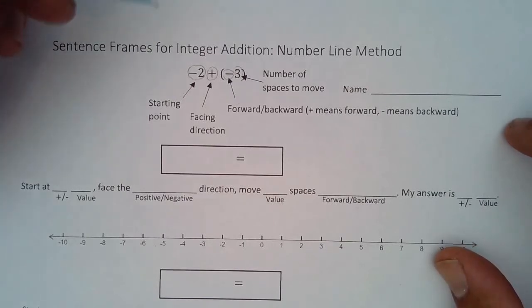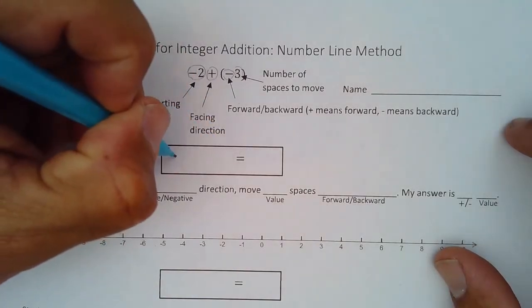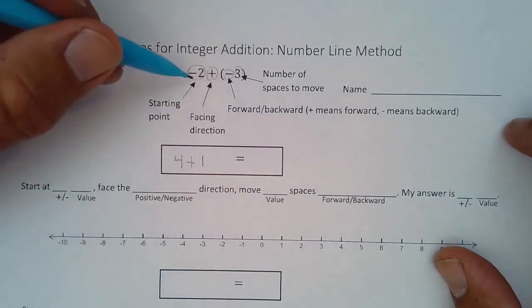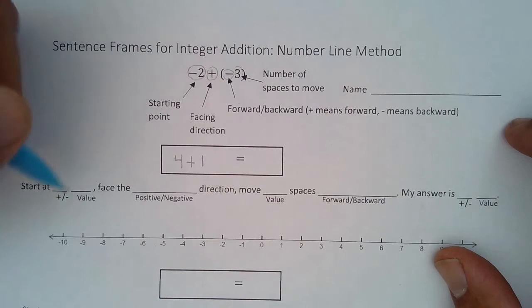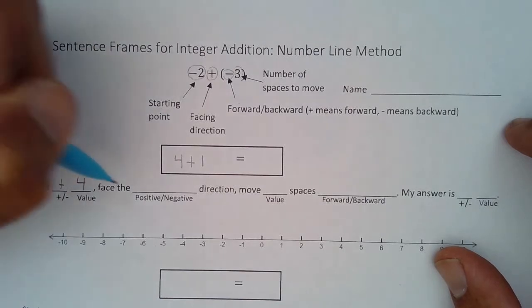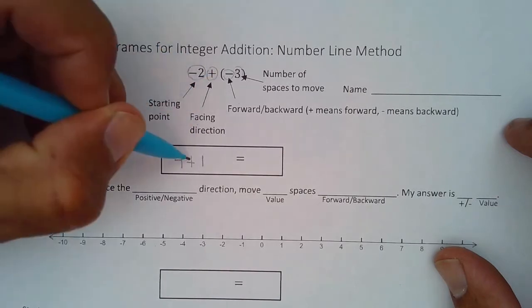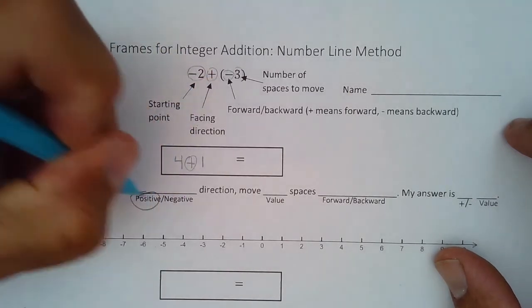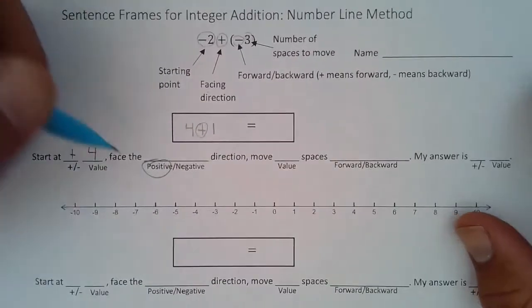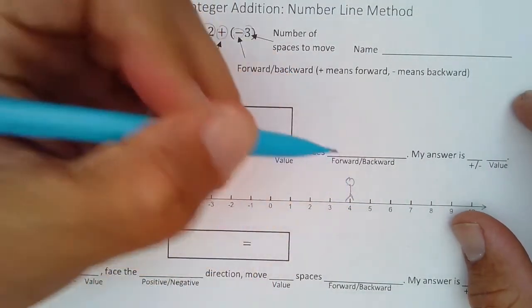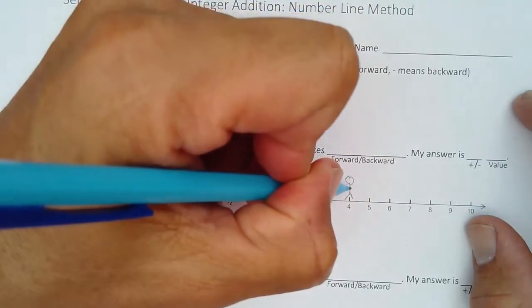So we can go with the easy and do 4 plus 1. Now we would start at positive 4 and you have to face, now facing is right here, so this is facing the positive direction. I'm just going to circle positive. So I'm going to have a little guy here and he's going to face the positive direction.